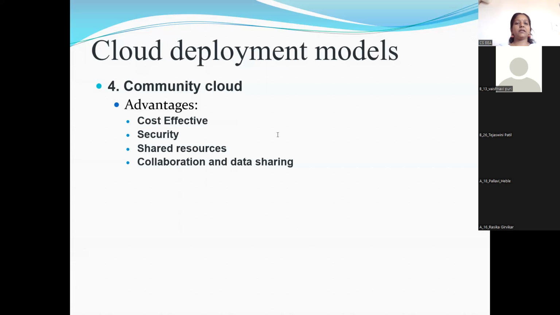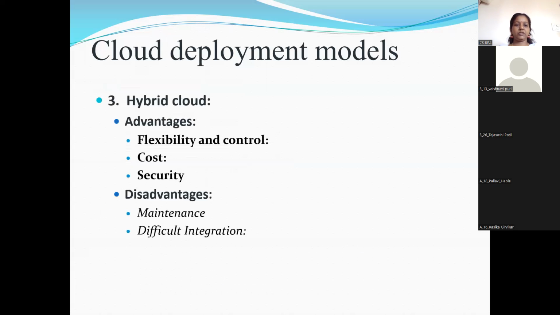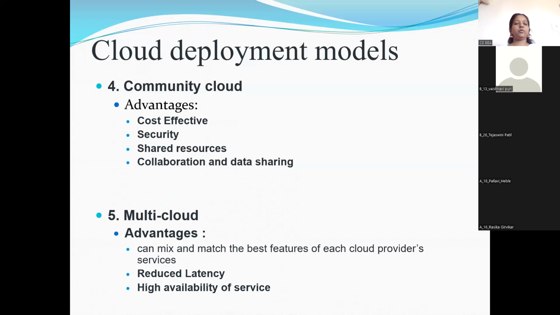One more is there, that is nothing but the multi-cloud, which is not in the syllabus. As hybrid cloud we have seen, with its disadvantages like maintenance and difficult integration, we have one more type, that is multi-cloud. So multi-cloud is what?